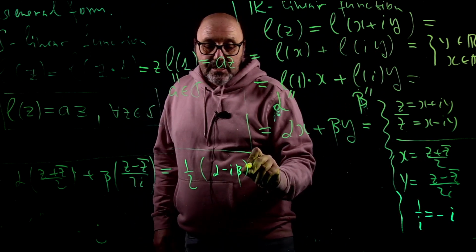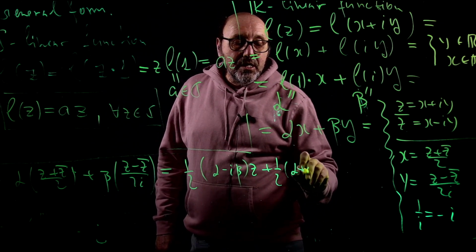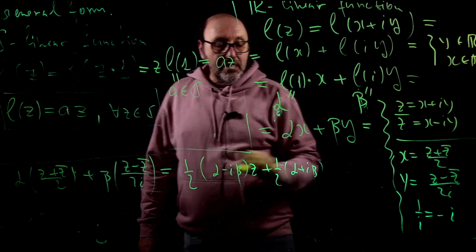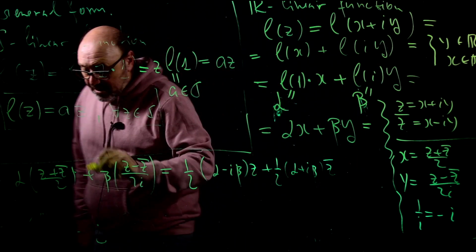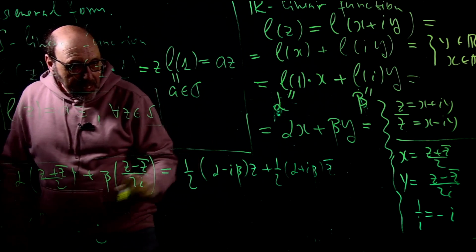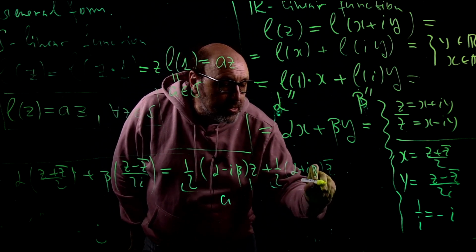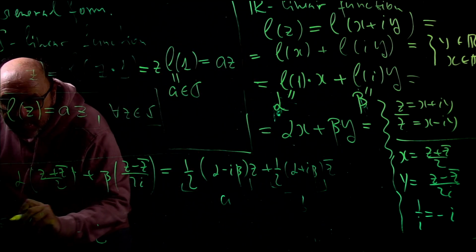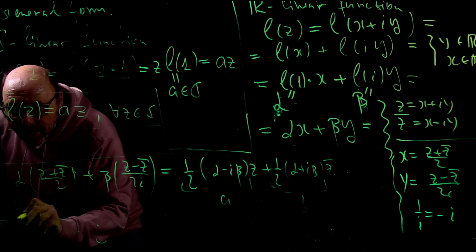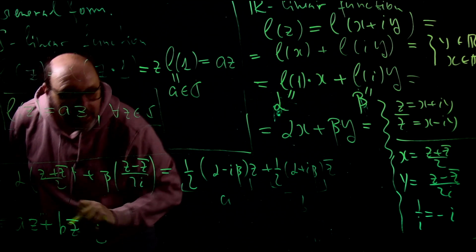Plus 1 over 2 times (alpha plus i beta) z bar, right? And now I use the notation, this is A and this is B, and so we write A z plus B z bar.